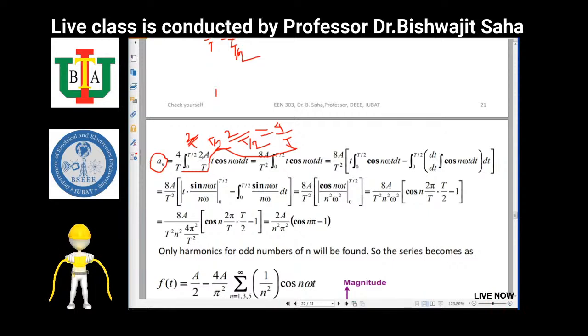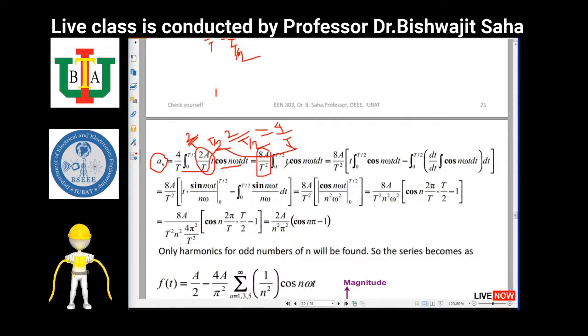Now 0 to T by 2, 2A divided by T, this coming from the x of t function, and cos n omega t dt. After that, 2A taking out from the limit, so you get 8A, and this T also taking out, so T squared. So 8A divided by T squared.